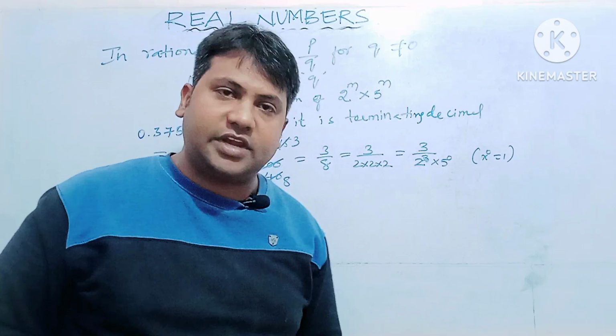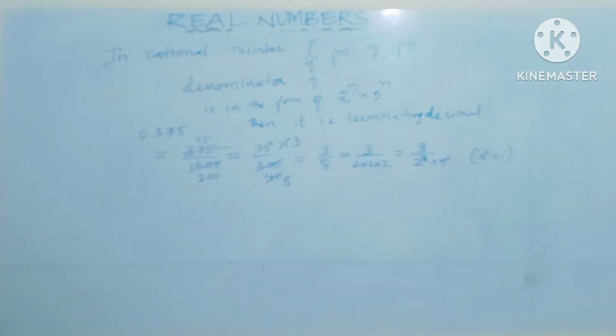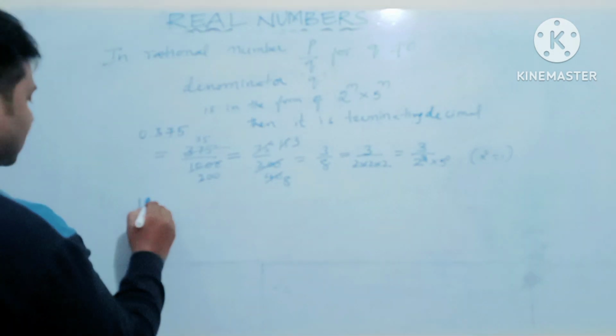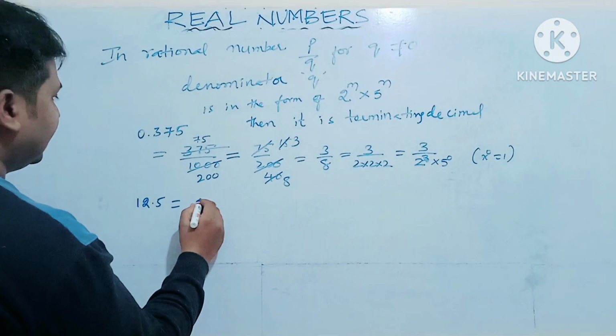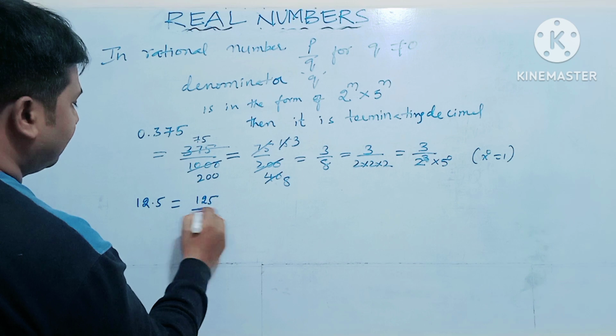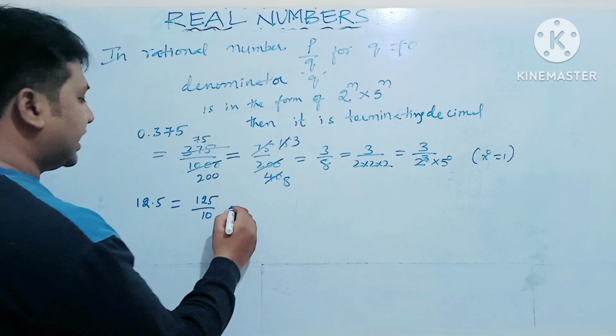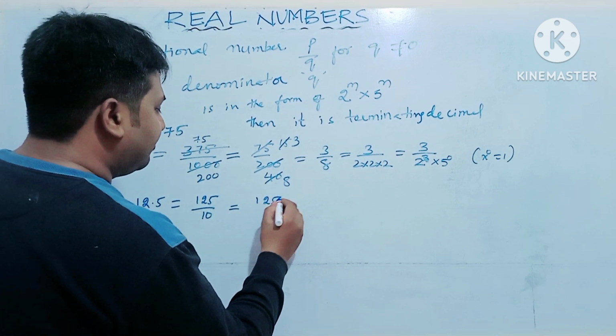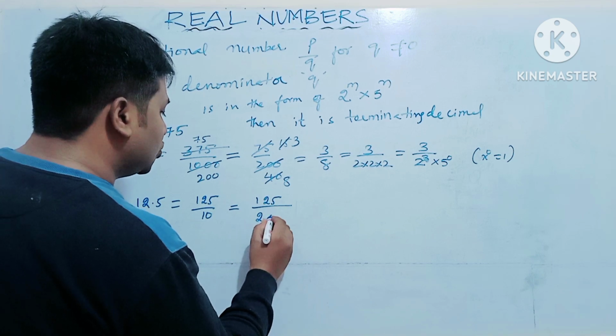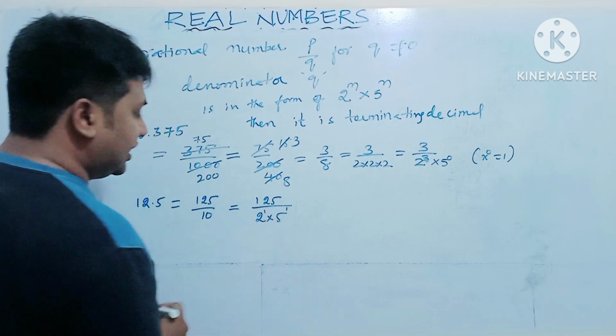Let's take one more example. Okay, ready? Right. So 12.5. I can write this 12.5 as 125 by 10. Denominator 10 can be expressed as 2 into 5. It means the powers are 1 here.